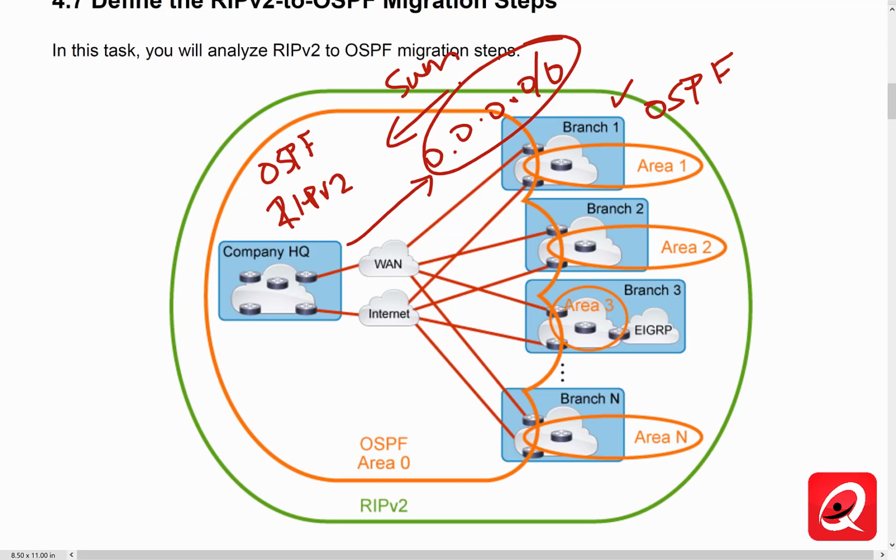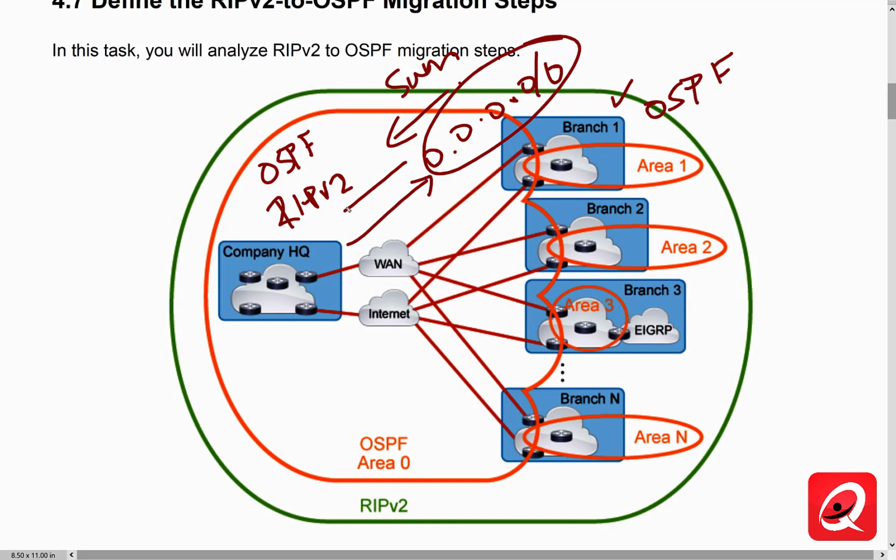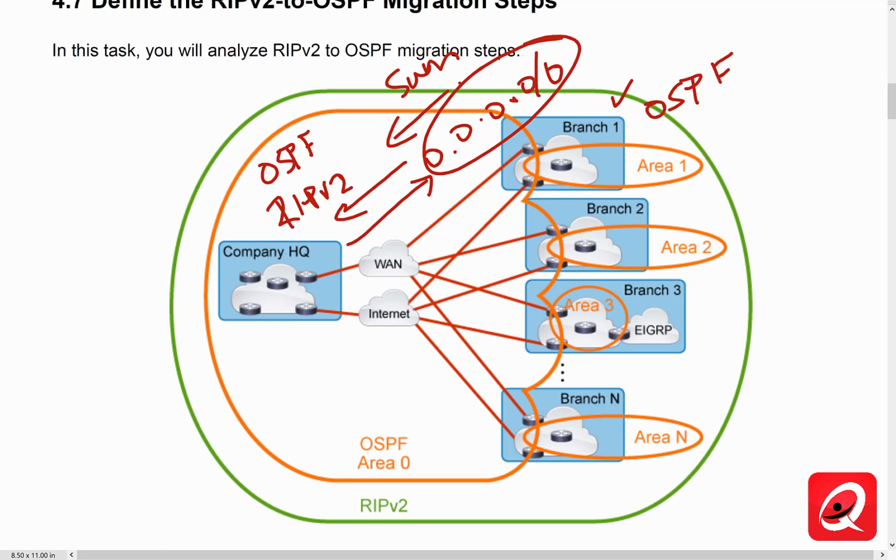So we know that branch 1 thinks it basically can get to everybody. It may not have that detailed visibility because we are running OSPF. Actually, it would. I'll explain why in a second. But let's assume we don't have that detailed visibility of all the different prefixes that exist everywhere else. We at least have the default route. So we can assume that the traffic is going to get to the HQ location.